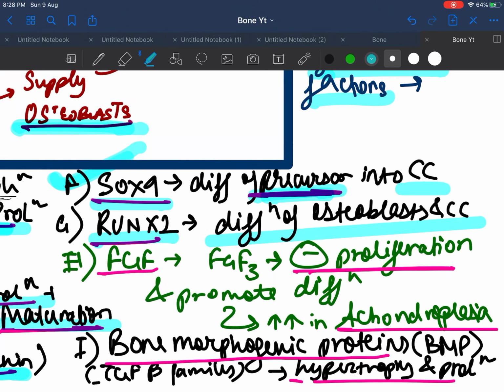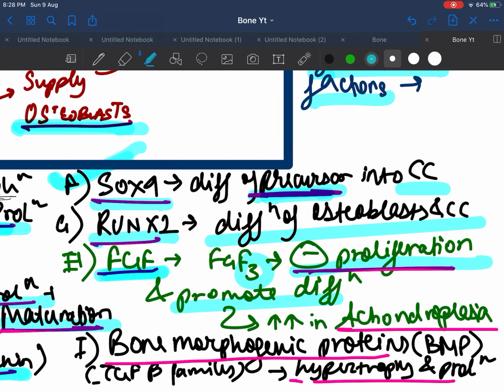very important factors. First we have the fibroblast growth factor, FGF, basically FGF3, and what it does is it inhibits proliferation and promotes differentiation. So why am I stressing this FGF3?